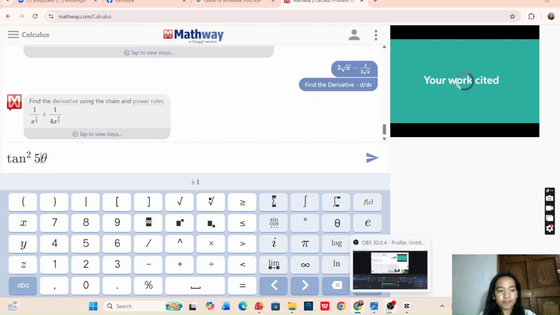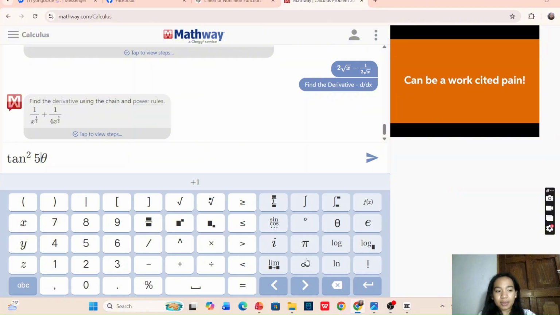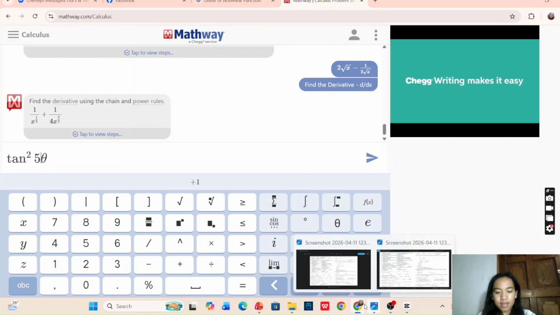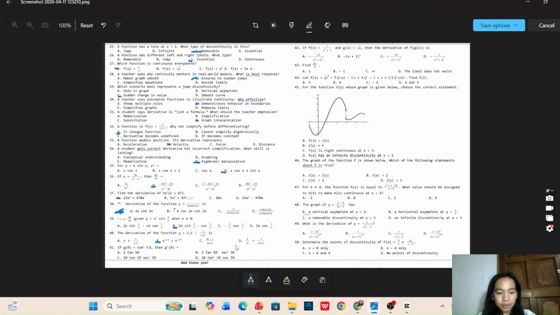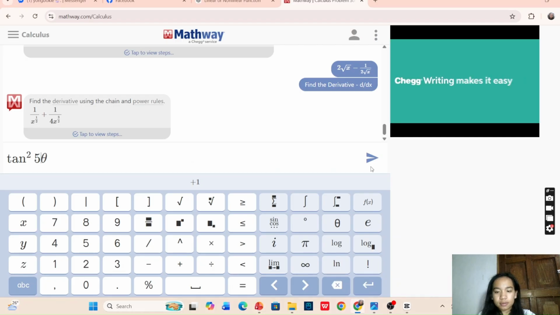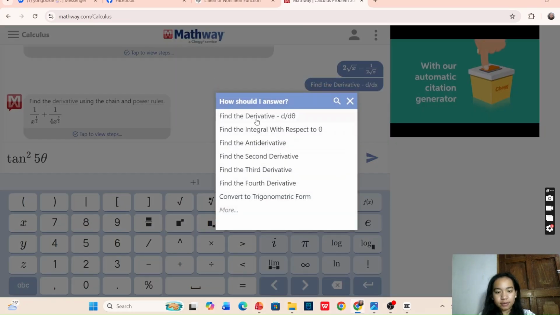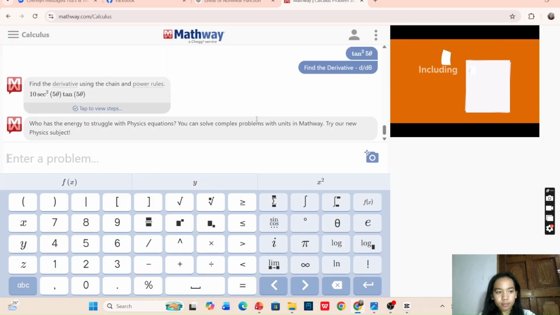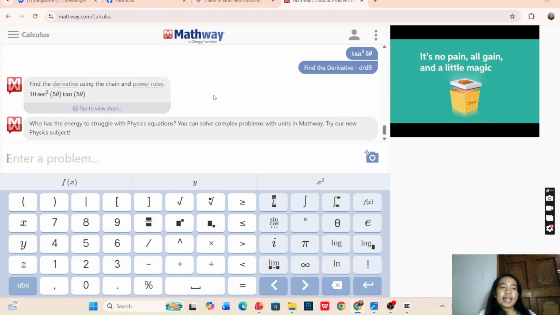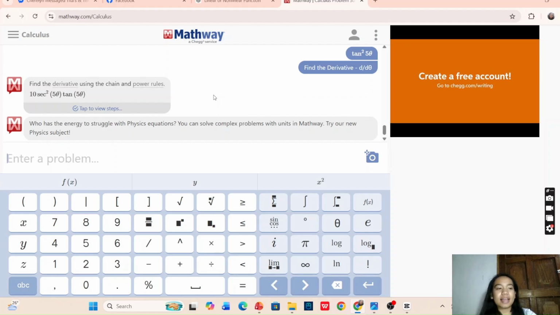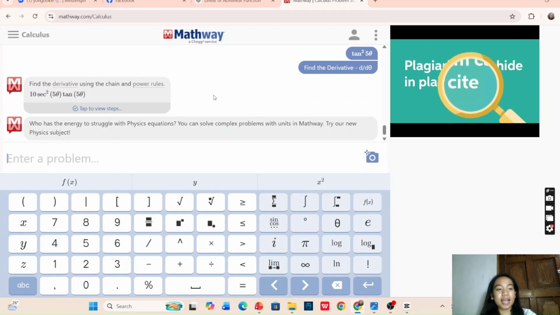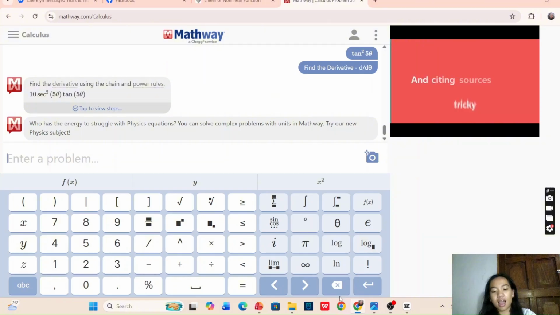Let's try to find the derivative of tan squared 5 theta by the use of Mathway. And now finding its derivative. This is applying the chain rule. By the use of the chain rule, the derivative of tan squared 5 theta is 10 sec squared of 5 theta times tan 5 theta.